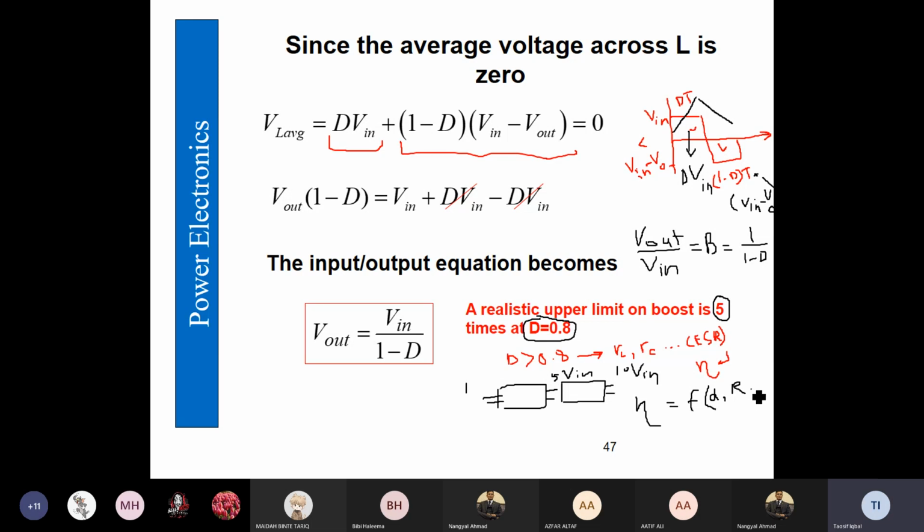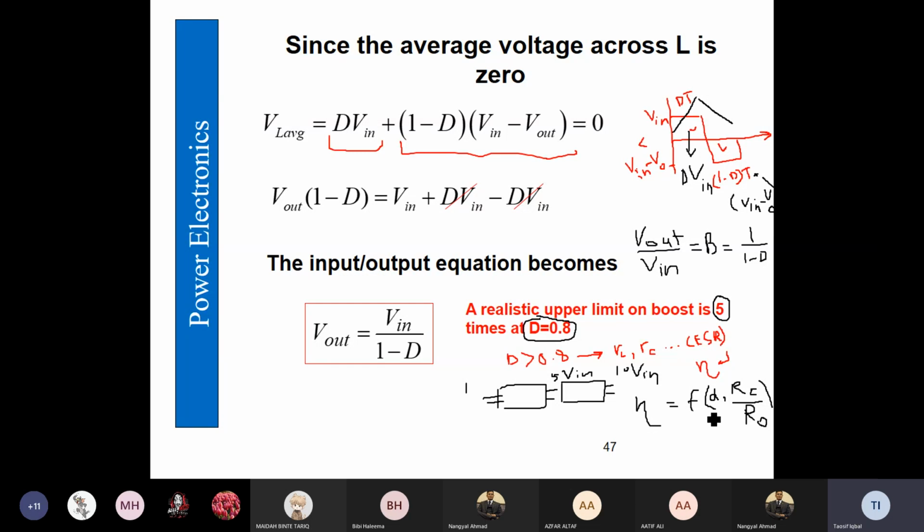Parasitic resistance like R_C, R inductor divided by R load, R out, ठीक है?